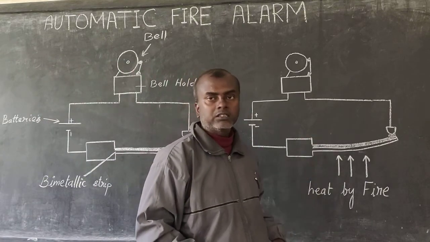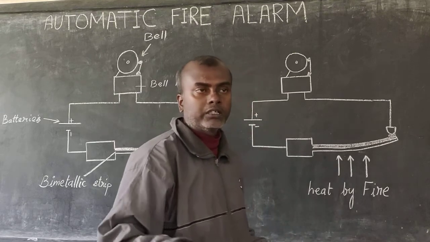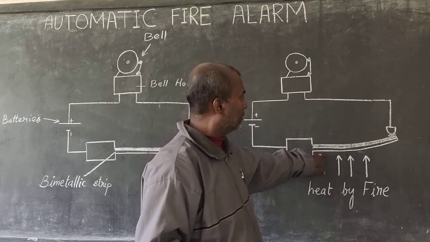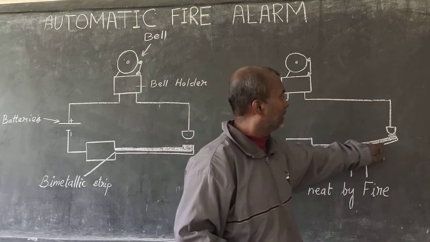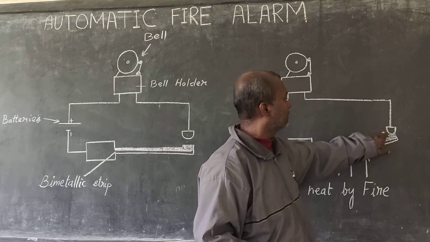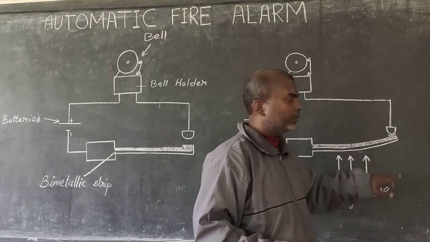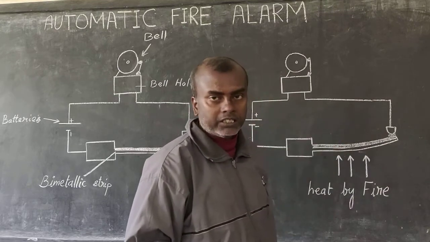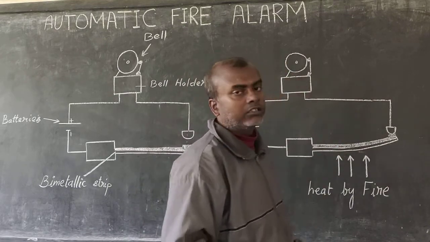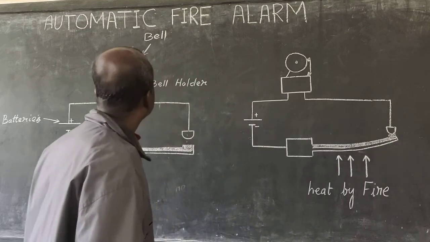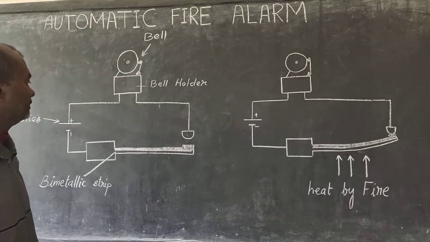We have discussed this in the previous topic that you can go and see. So because of heat, the bimetallic strip bends and touches this contact. As soon as the strip touches this contact, the circuit is completed and the bell starts ringing. So this is how an automatic fire alarm works.